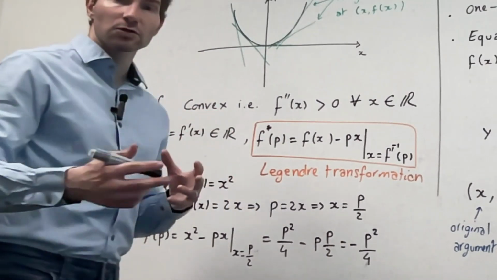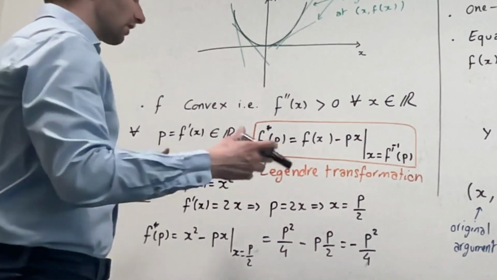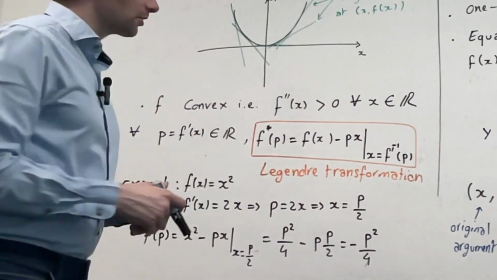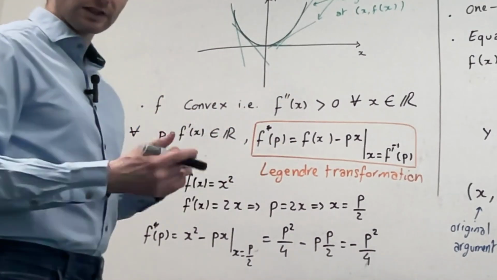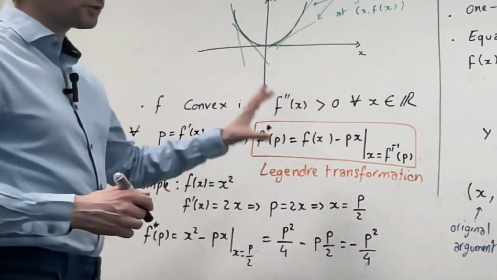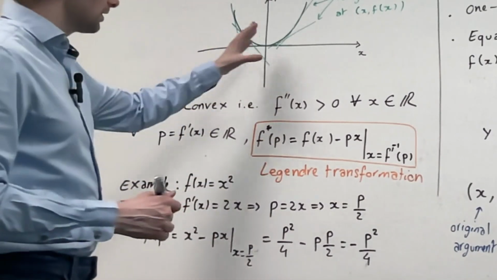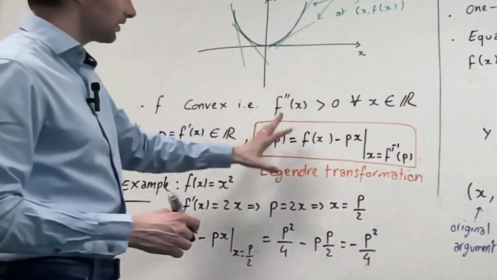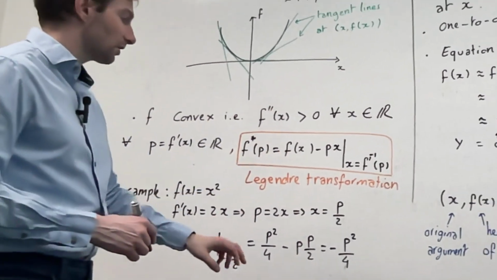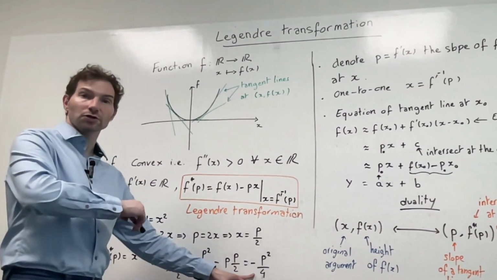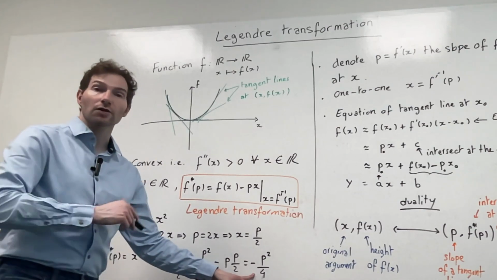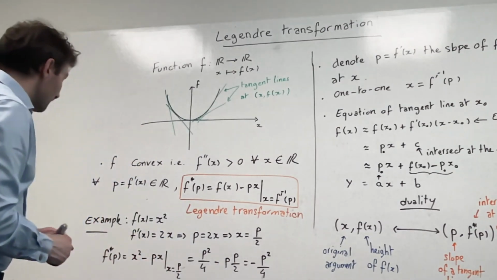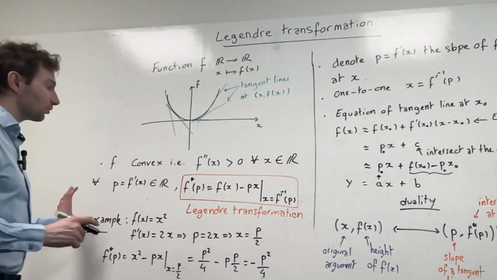Now, there are some ways to formulate it so that you preserve concavity and convexity. But in this particular example, in terms of slope, the intercept is going to correspond to a concave function of the slope. All right, so that's how it works.